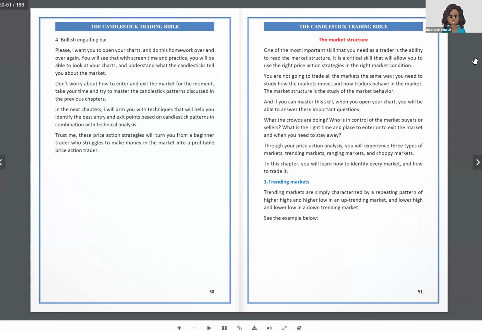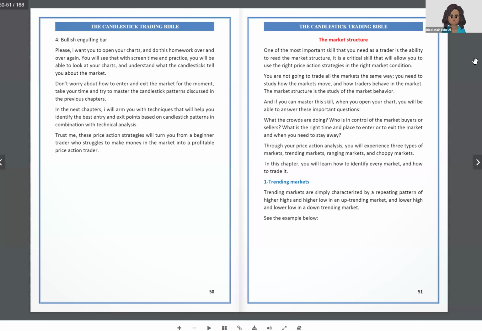You are not going to trade all the markets the same way. You need to study how the markets move and how traders behave in the market. The market structure is the study of the market behavior. And if you can master this skill, when you open your chart, you will be able to answer these important questions. What the crowds are doing? Who is in control of the market, buyers or sellers?